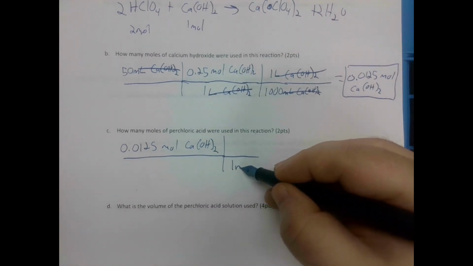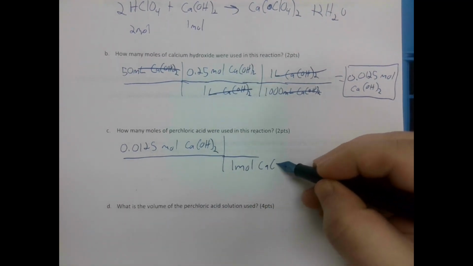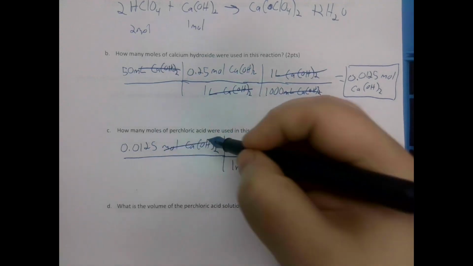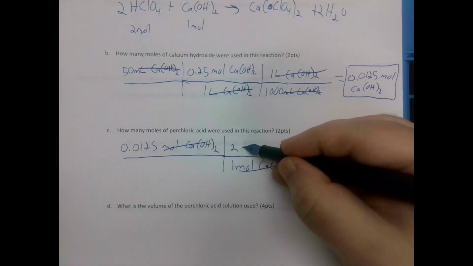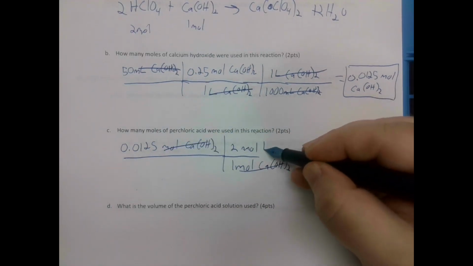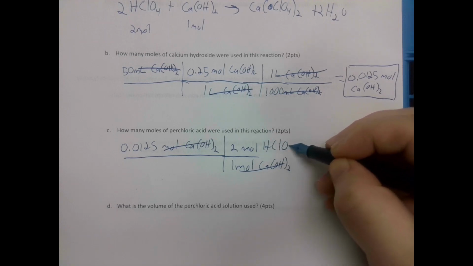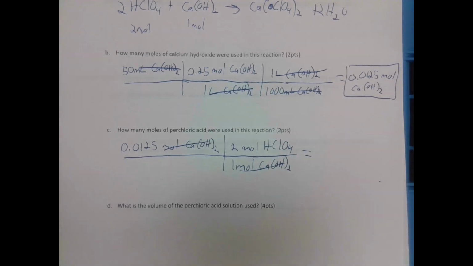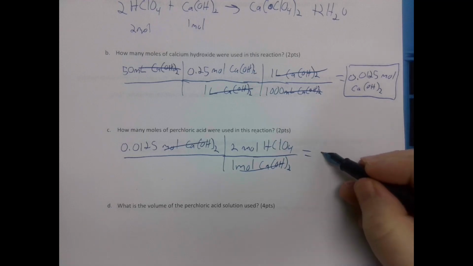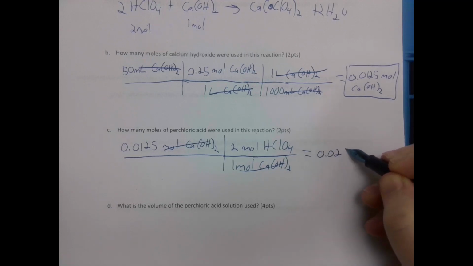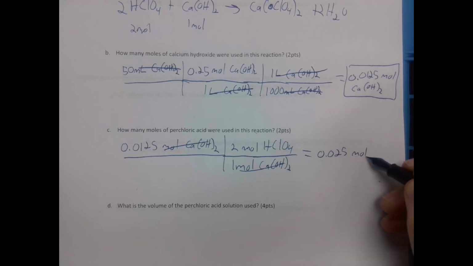I put the 1 mole of calcium hydroxide on the bottom so that they cancel out. And that goes to 2 moles of perchloric acid. So it's just 2 times that, which would be 0.025 mole of perchloric acid.